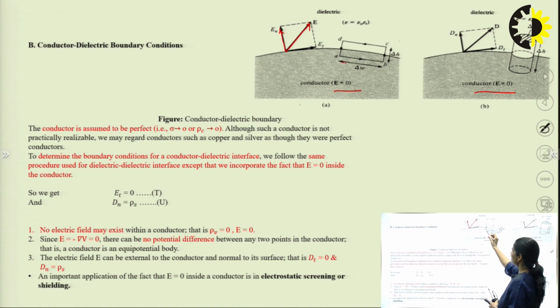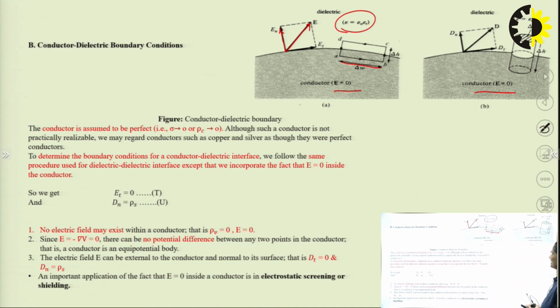Here this distance is delta W and this height is delta H. You all know epsilon is equal to epsilon naught epsilon R. Here you are considering this is a cylindrical part. This is your rectangular conductor and this is your cylindrical part. The height of this surface is delta H and the surface is denoted by delta S. Here also epsilon is equal to epsilon naught epsilon R.